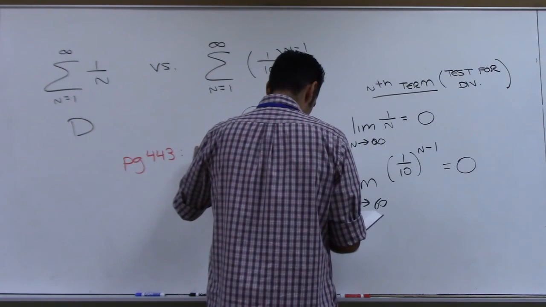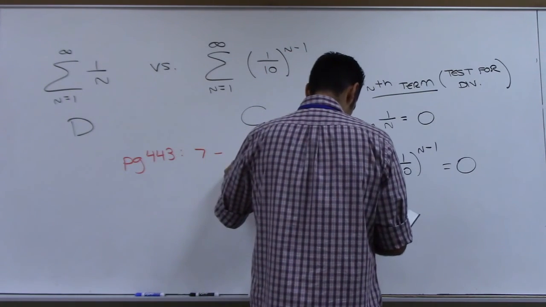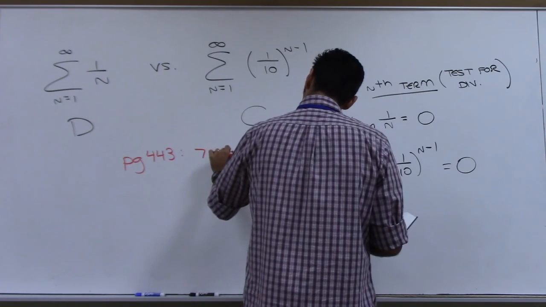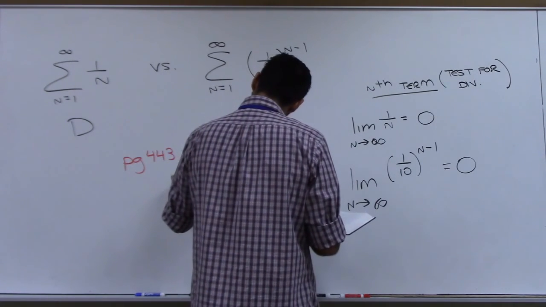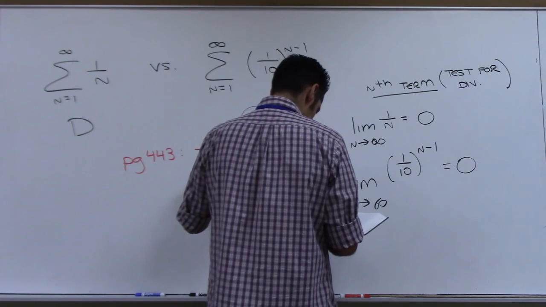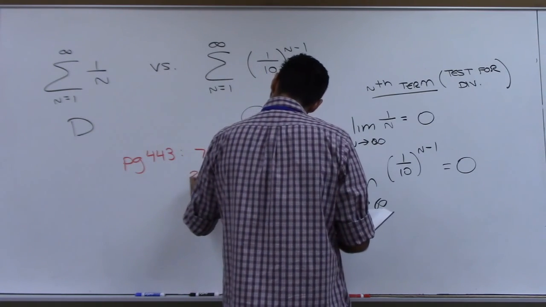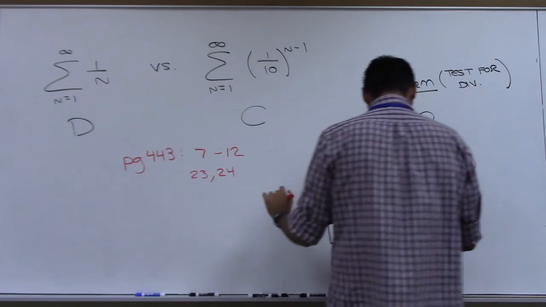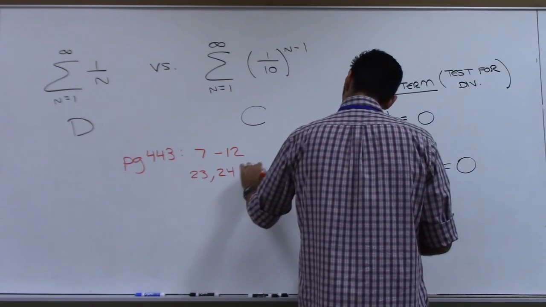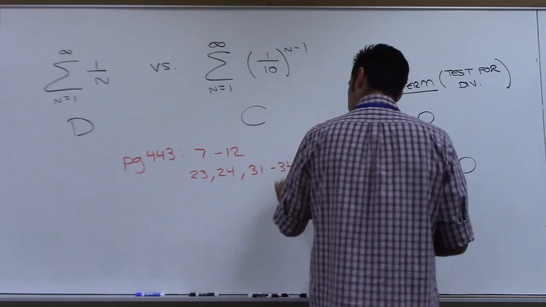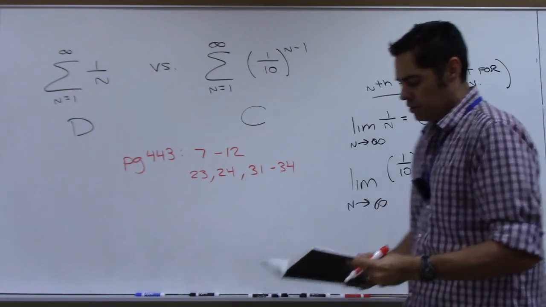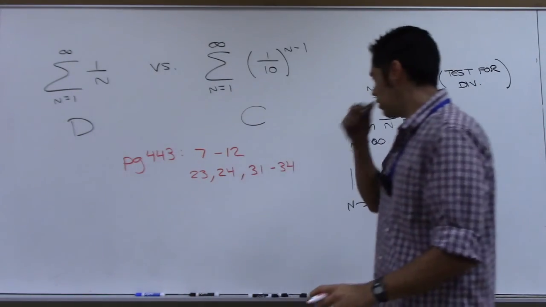Seven through 12, 23, and 24, 31 through 34. Those are just all of them.